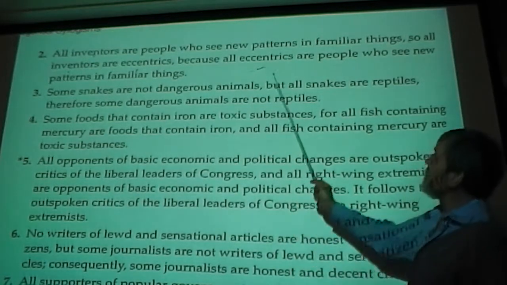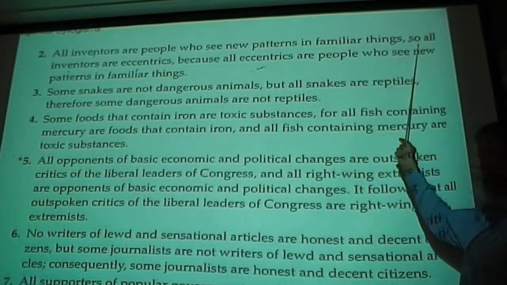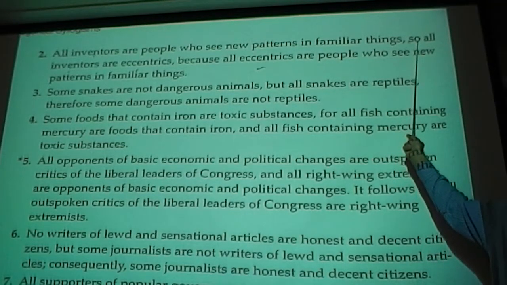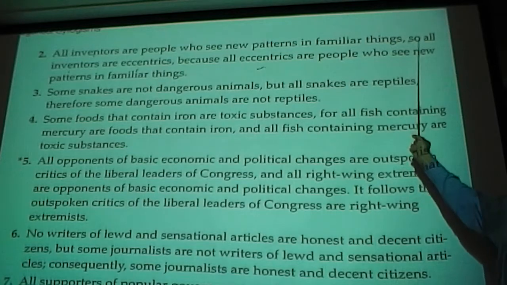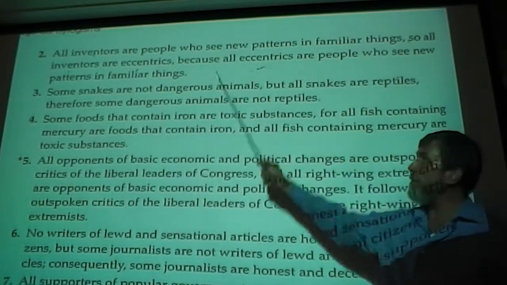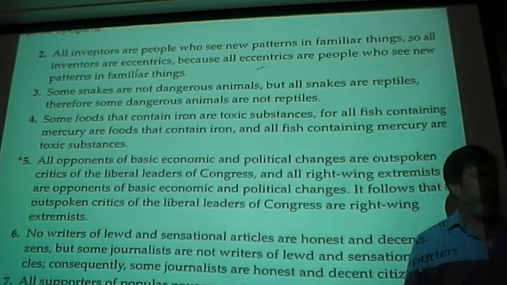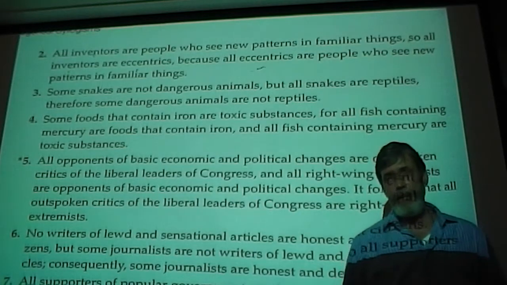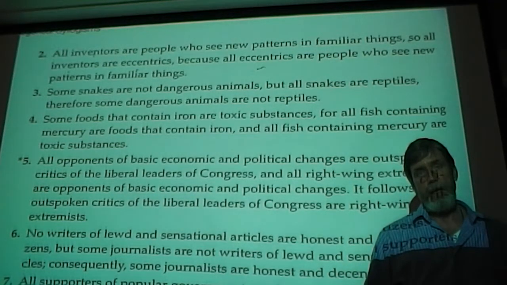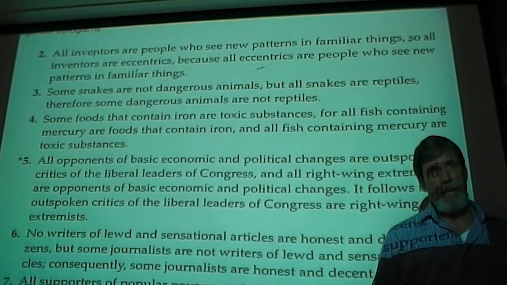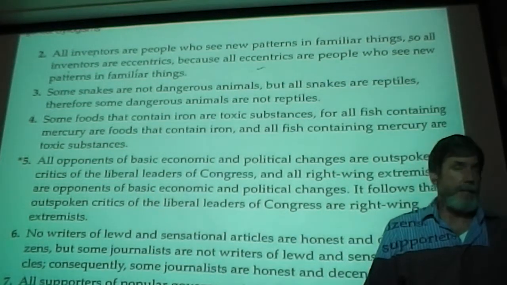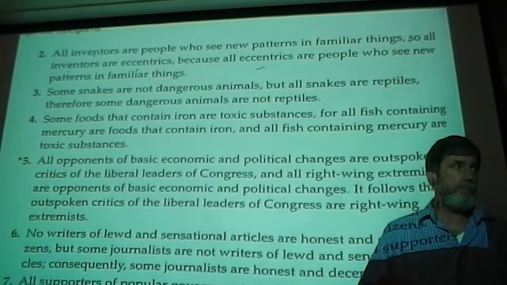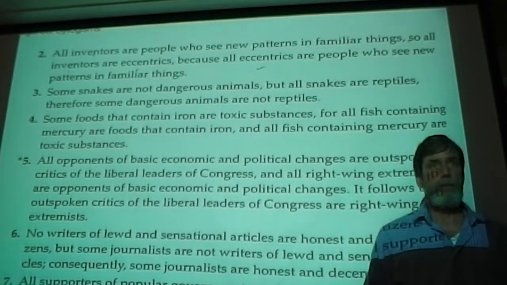But in number 2 here, that word "so" is a conclusion indicator. So this second proposition, all inventors are eccentrics, that's the conclusion of our argument. Now, you're going to translate that subject and predicate class with S and P. No thinking about that.